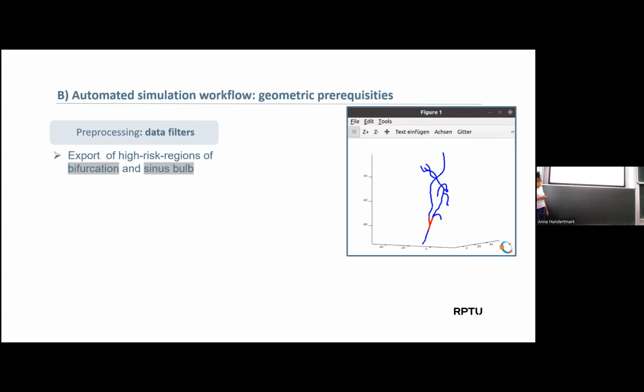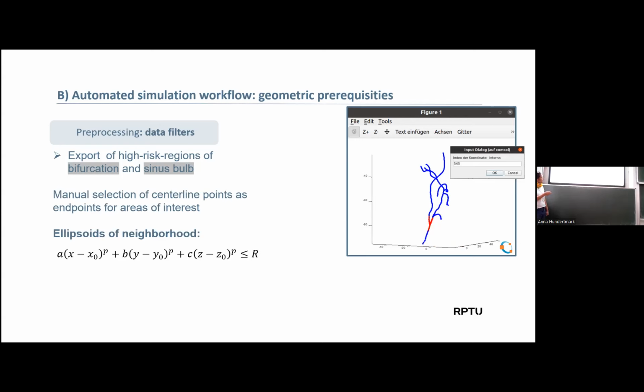And what we also need, sometimes we need some high risk zones such as a bifurcation, and filter the data. So for this, we also need to semi-manually say what is the beginning and the end of the bifurcation zone at least.